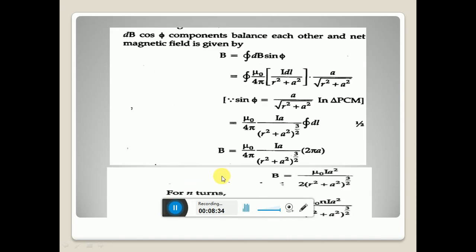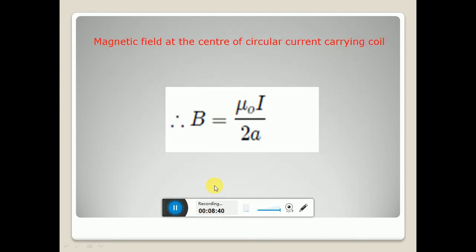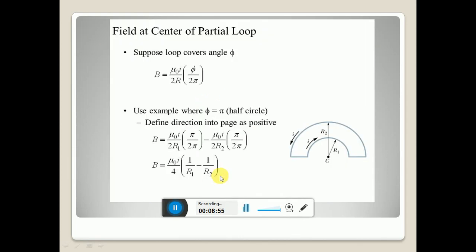After deriving this equation, I have given one small case. So this is the case. Magnetic field at the center of the circular current carrying coil is mu naught I by 2a, where a is the radius. So here I can use it as mu naught I by 2r. Apply that formula and you can determine the magnetic field at the center C.